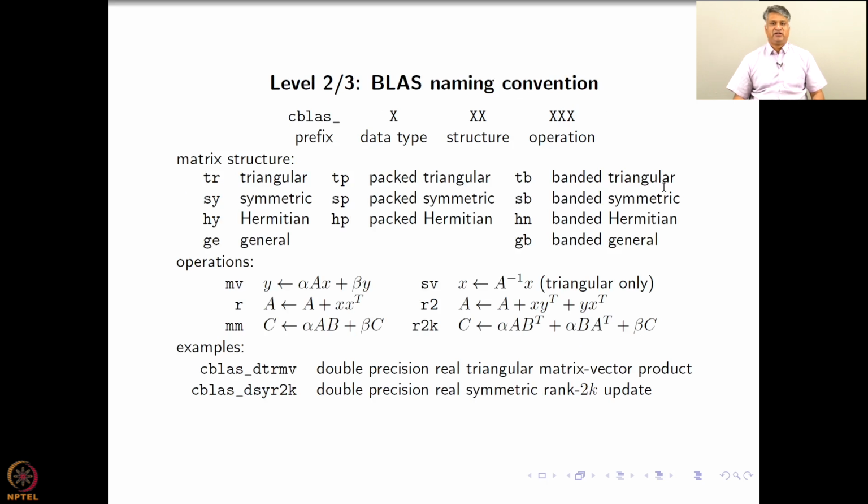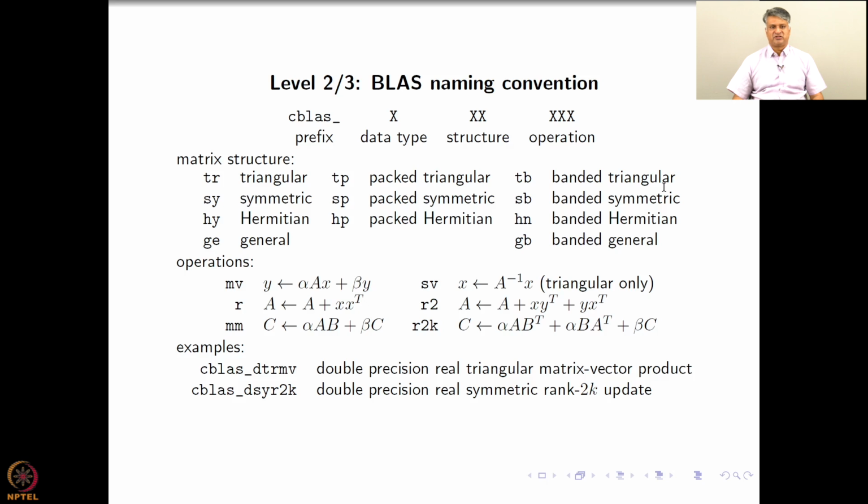In level 2 and level 3, the naming convention goes as the prefix, data type, the structure, and the operation. Now, if you define the matrix structure, it tends to make the calculations more convenient and more computationally effective.